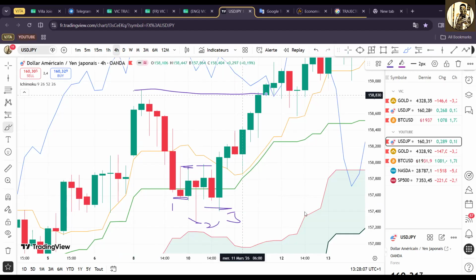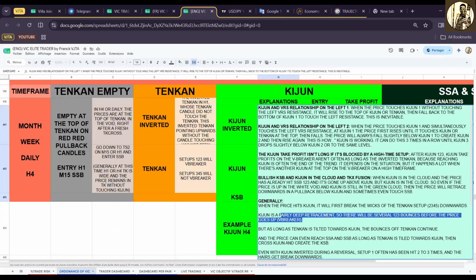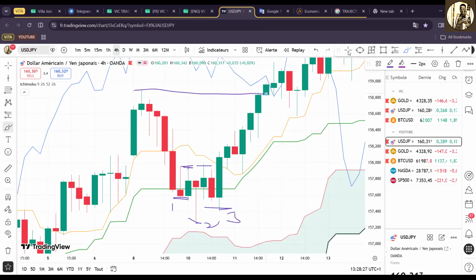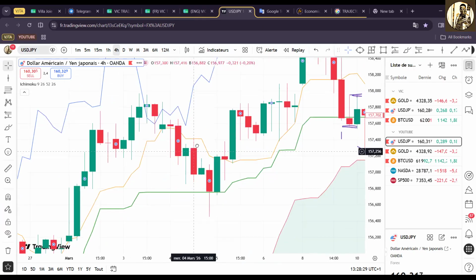That's what I'm explaining here. So Kijun must be touched many times before it creates a V breaker. But as long as the Tenkan is tilted toward Kijun, bent toward Kijun, the bounce of Tenkan continues. What I mean is that, right?